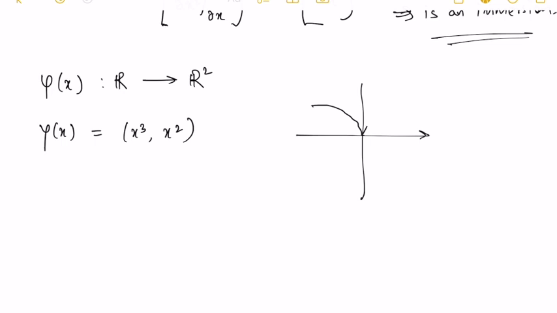In this one, let's define this function as x cube comma x square. Okay, and let me plot this function. This function would look something like this. Okay, this is what psi of x looks like. Y1, Y2.